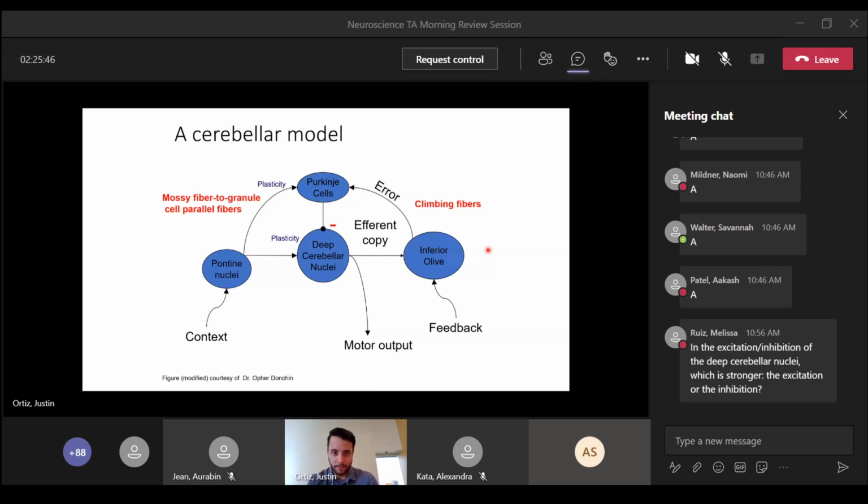Okay. So cerebellar model. Here, again, remember, climbing fibers only come from the inferior olive. So inferior olive to Purkinje cells. Climbing fibers are going to excite the Purkinje cells. So Purkinje cells, once they're excited, they inhibit the deep cerebellar nuclei.